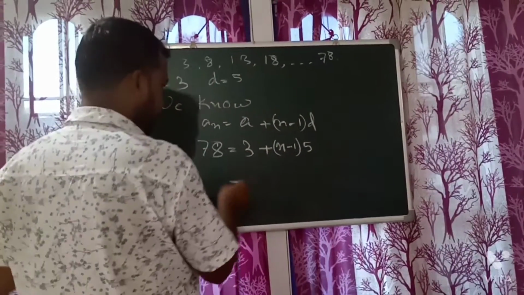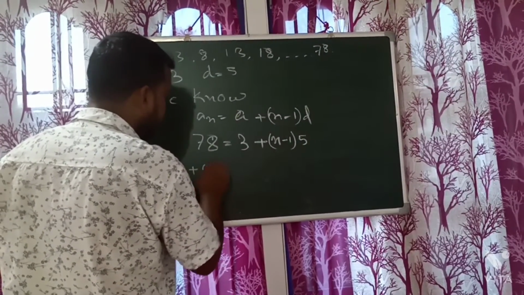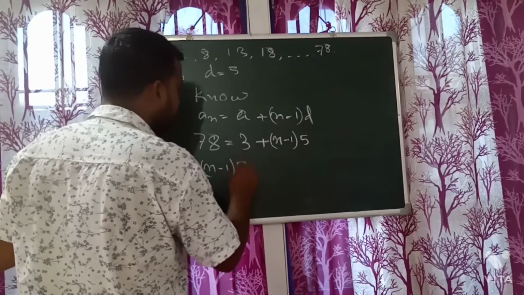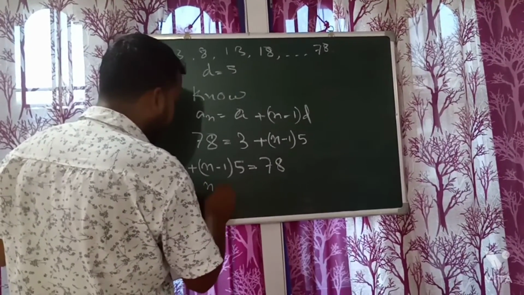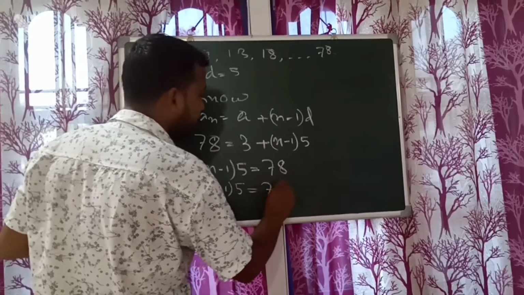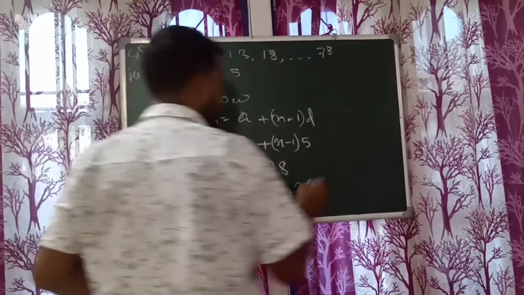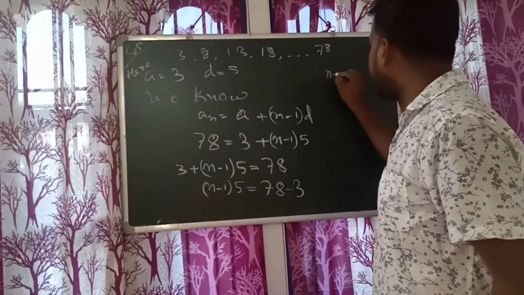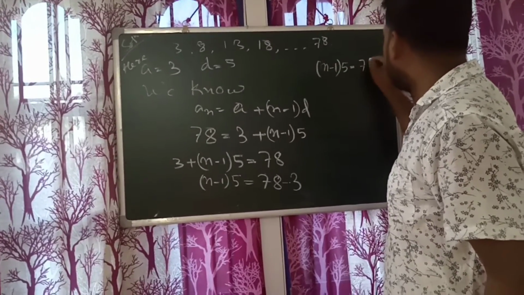Okay. Now it can be written like this also: 3 plus n minus 1 into 5 is equal to 78. Now n minus 1 into 5 is equal to 78 minus 3. It will become n minus 1 into 5 is equal to 75.